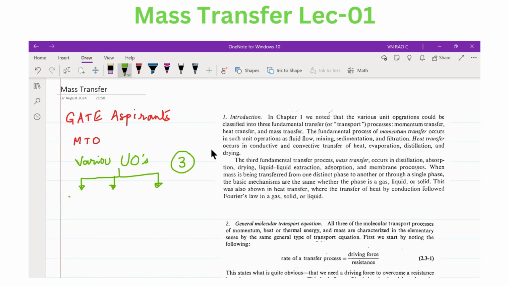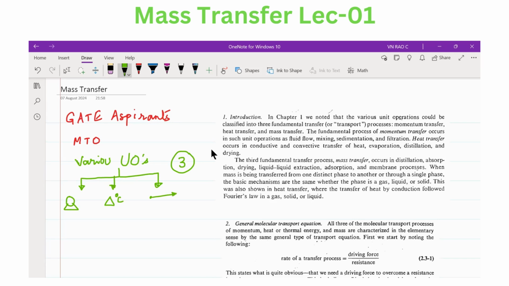Number one is momentum transport or momentum transfer. Number two is the temperature, that means heat transfer, where there is a heat transfer. Third, there is mass transfer.